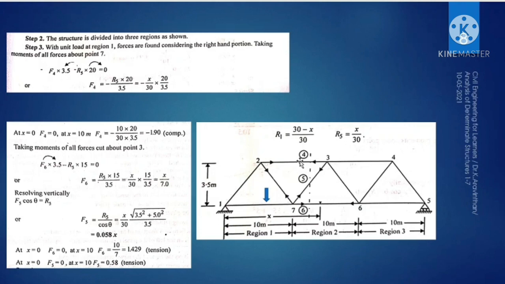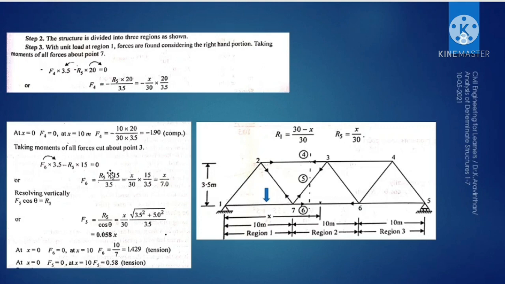You can multiply with the load to get the exact magnitude. If the load is at 0 point, you don't have any influence line for member 4, and if the load crosses the 7th joint, you will have a negative influence line for the member.